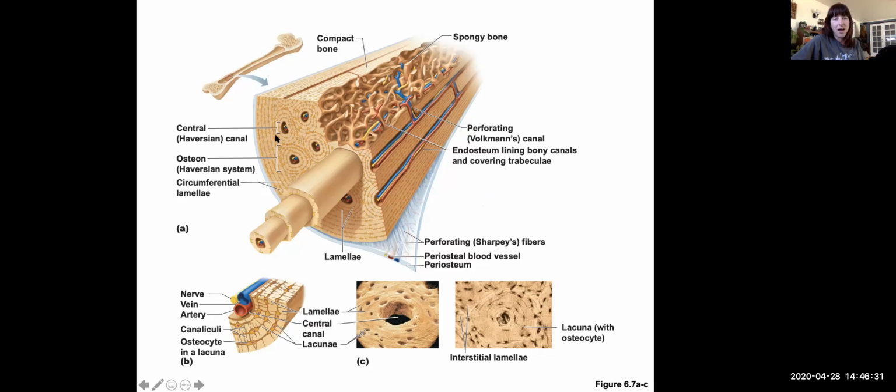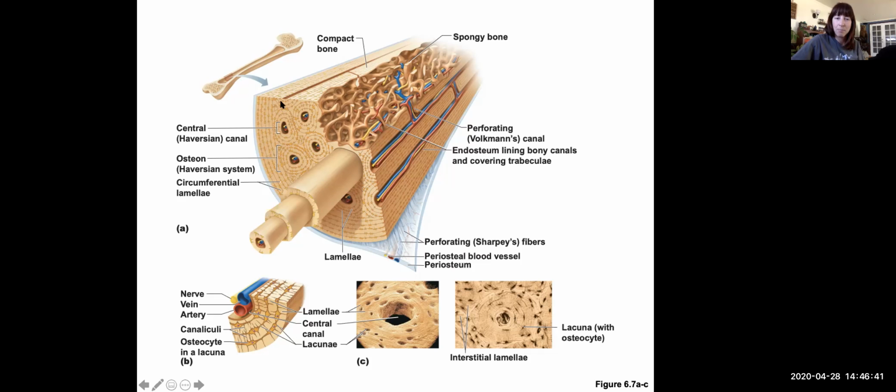And the blood vessels travel up and down the length of the bone, which is also the length of the osteon, right? The osteons lie parallel to the length of the bone. That's why it's so strong. So these central canals run parallel to the length of the bone, carrying blood vessels and nerves, and they interact with each other through these perforating canals.